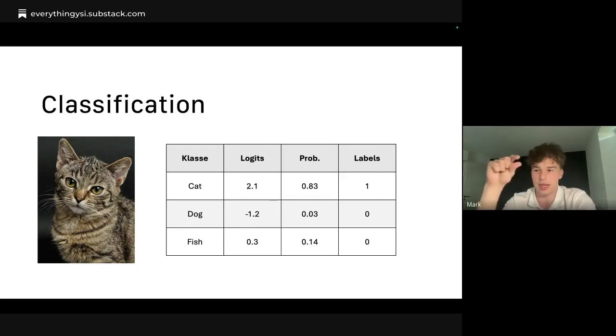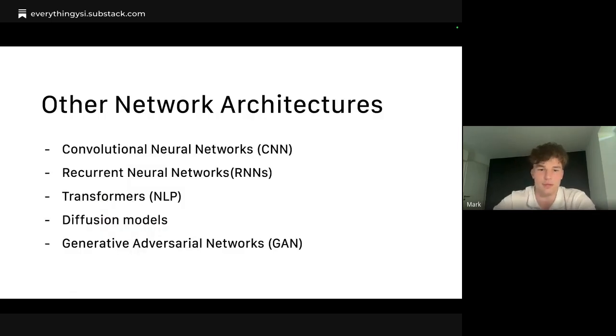Each output neuron has a number that gets computed, and the highest number would be the label the neural network predicts here. So you convert the raw logits normally into probability distributions and then into the predictions that your model outputs. There are a lot of different architectures of neural networks.